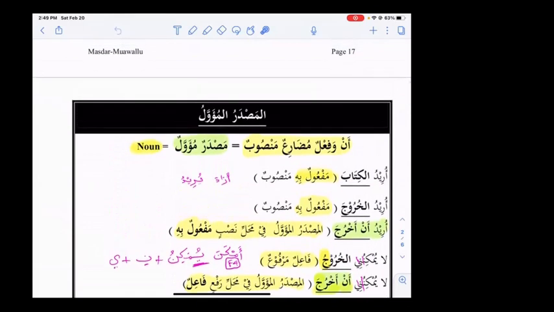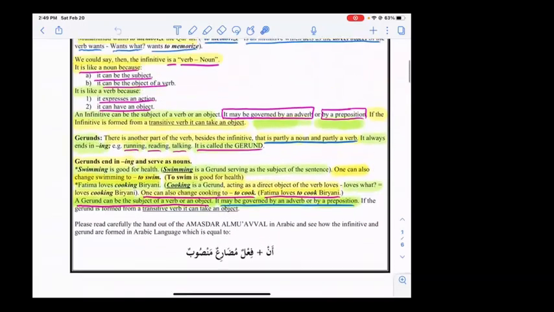Brief revision. It contains an and a fi'al mudari', and the fi'al mudari' has to be mansub because an makes it mansub. Together they are called Mastar Muawwal, the Mastar which is explained.